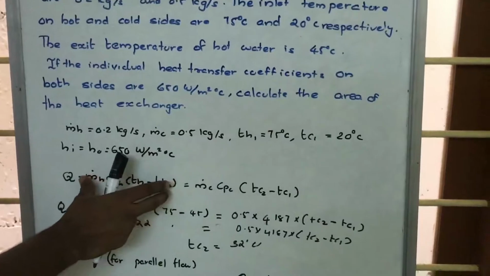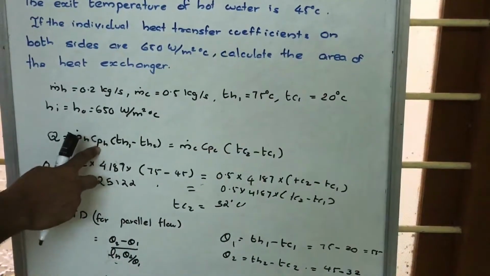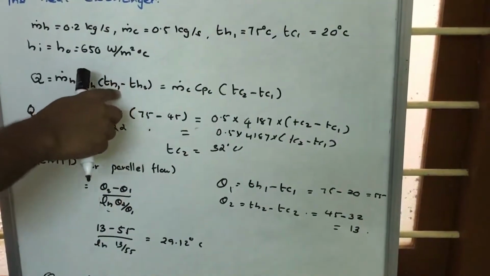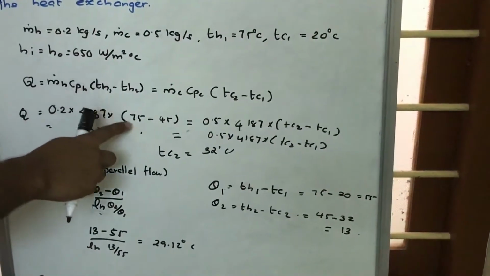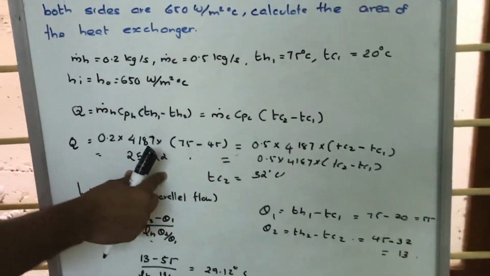We will first calculate that. So mh is 0.2, cp for water is 4187, into Th1 minus Th2, the entering hot water temperature 75 minus the outgoing hot water temperature 45. So we will get Q.